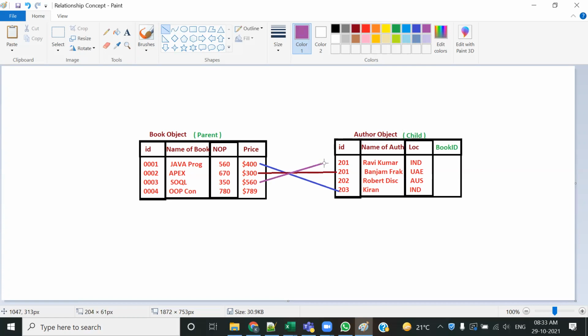SQL has been written by Ravi Kumar. And then OOPS concept has been written by Robert DeCosta. Okay, let's take this as an assumption.